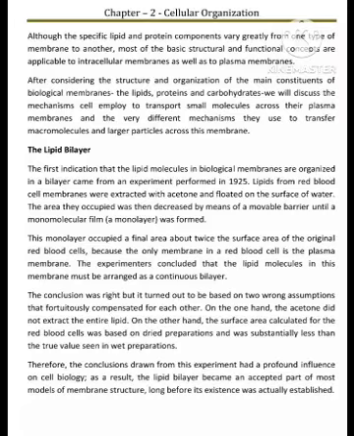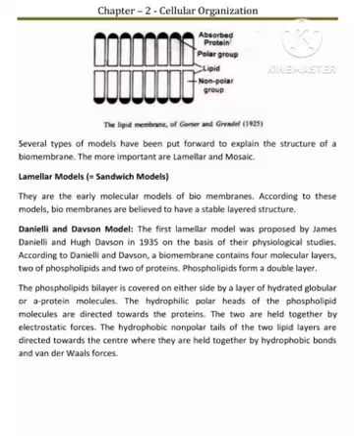The experiments concluded that the lipid molecules in this membrane must be arranged as a continuous bilayer. The conclusion was right, but it turned out to be based on two wrong assumptions that partially compensated for each other.